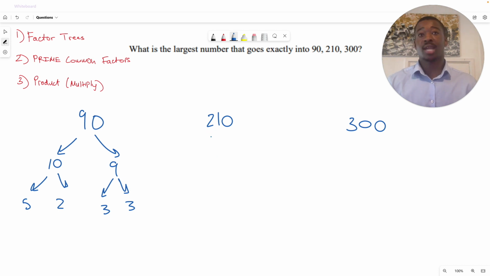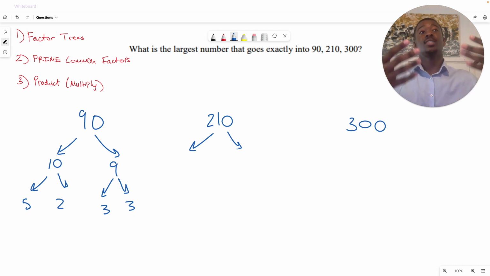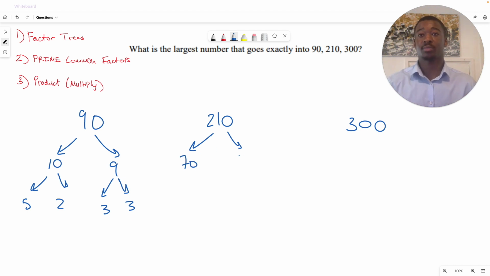Well, this can be broken down into 70 and 3. 7 times 3 is 21, so 70 times 3 should be 210. So 70 and 3. We stop at 3, but 70 can be broken down into 7 and 10. 10 into 5 and 2. Always stop at the prime numbers.